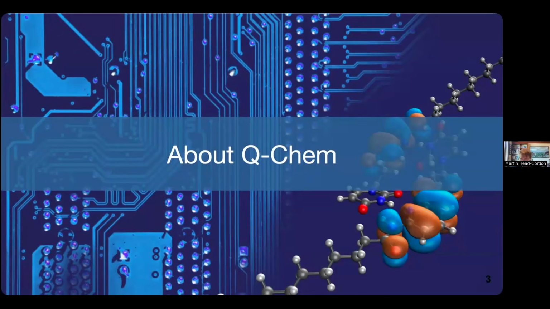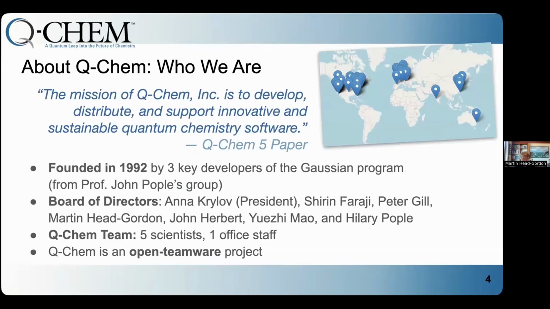All right, so presumably most of you know all about Q-Chem, but I'm still required to tell you a little bit about it. Back in 1992, there was a messy software divorce that involved the Gaussian program, which I used to work on, and three of us struck out in a new direction, and we have managed to sustain this direction that has become the Q-Chem code over a period of nearly 35 years.